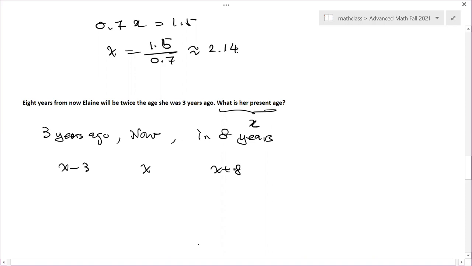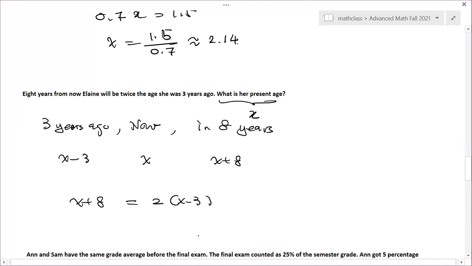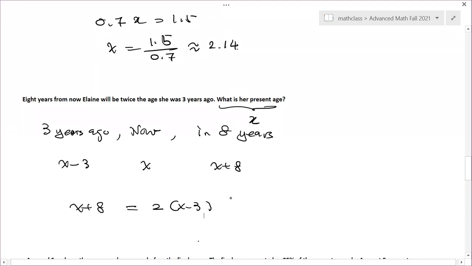So now what we're told, 8 years from now, Elaine's age will be twice the age of 3 years ago. So x plus 8 equals twice x minus 3. Okay, so that's the equation I want to see. Then you multiply this out, 2x minus 6. And I think move 6 to the left, so 14, and x equals 14.